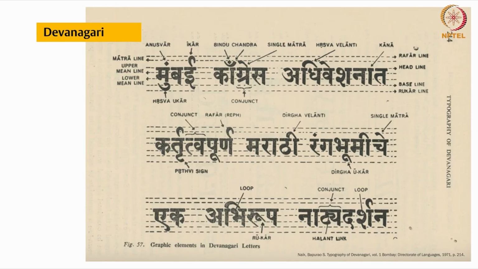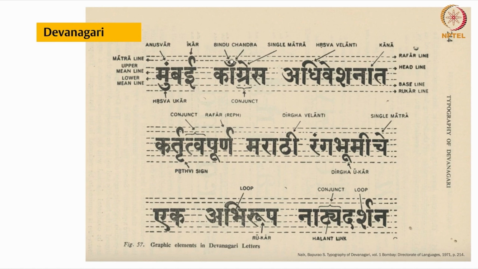For example, if you look at this representation by Babu Rao Naik, it illustrates the complexity of Indian scripts. Now there are multiple lines. You have a baseline like the Latin, and you have a headline, which is like a capital line. Then there is rukar, where the lower matra comes, and then you have rafar, and the matra line as well, where the matra comes.